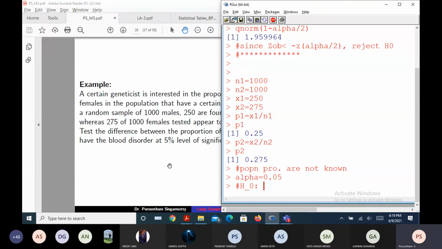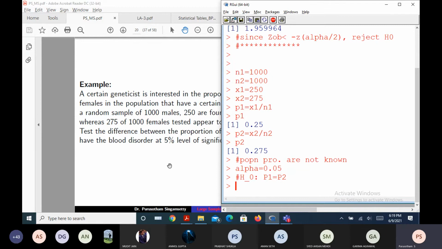If capital P1 and capital P2 represent the population proportions of males and females, then in the null hypothesis we assume that the proportions of males and females who have this minor blood disorder are almost the same. Symbolically, H0: P1 is equal to P2. And the alternative hypothesis is the complement of this. H1 is P1 not equal to P2, right?